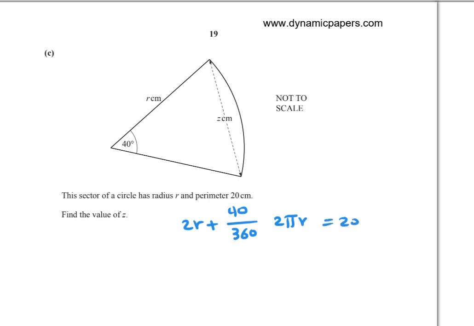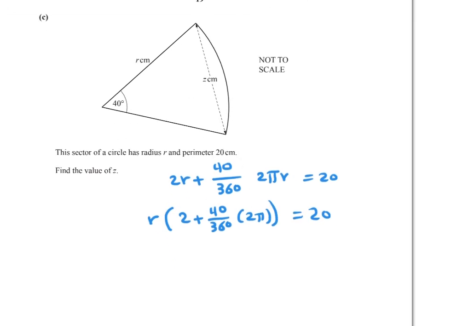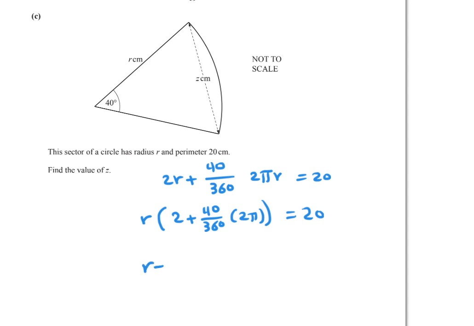This equals 20. Now we can take r common. So r times (2 plus 40 over 360 times 2 pi) equals 20. Now we can find r. r equals 20 over (2 plus 40 over 360 times 2 pi), which equals 7.41.